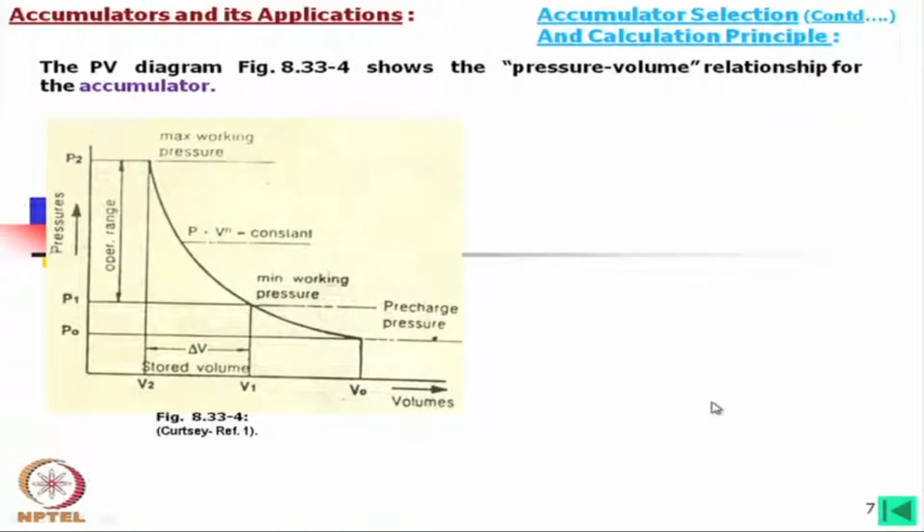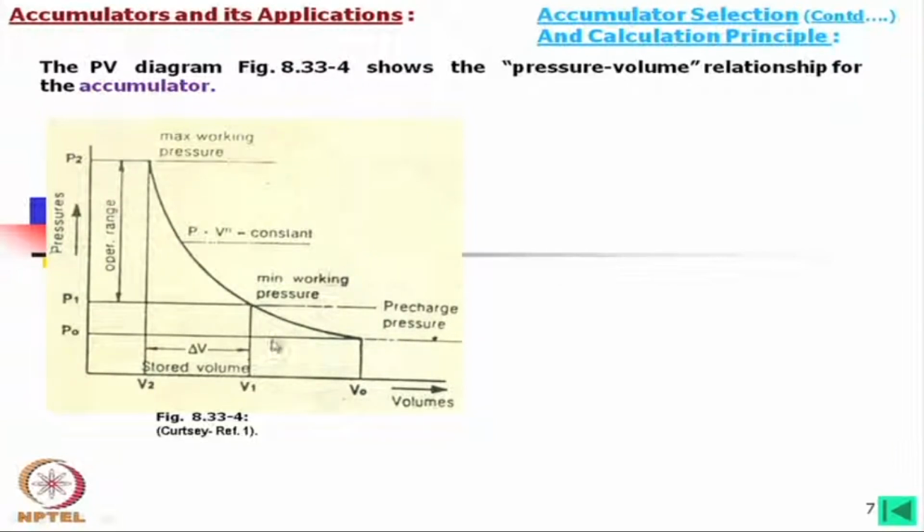Now, if we look into this very ideal case, then the PV diagram is usually as follows for a gas. We can see this is the maximum pressure over the range, P1 is the working pressure and P0 is the minimum gas charge pressure, and this is the stored volume being used for the system.